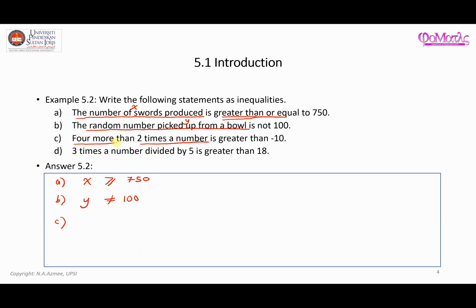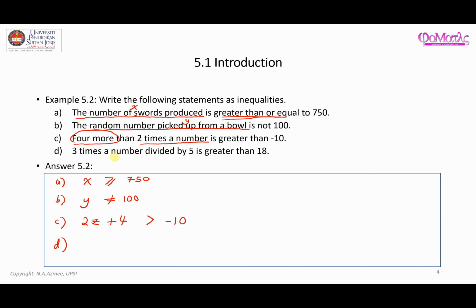So 2 times a number, so 2 times something that is unknown, let's say 2 times z. Z is an unknown number. 4 more than that is plus 4, and it is greater than negative 10.